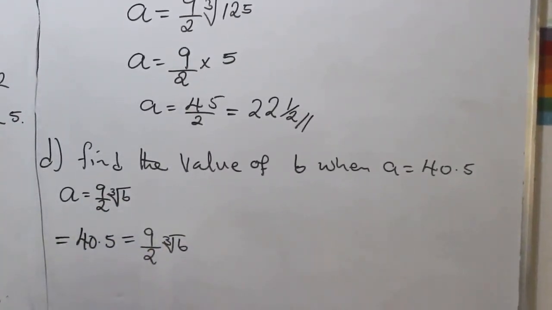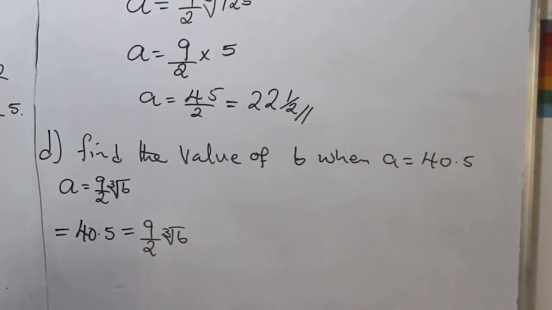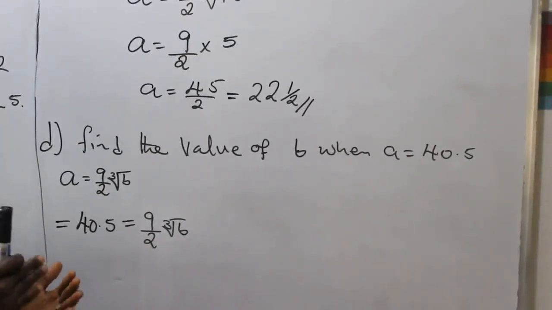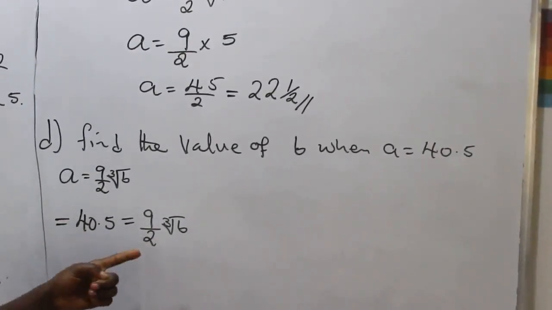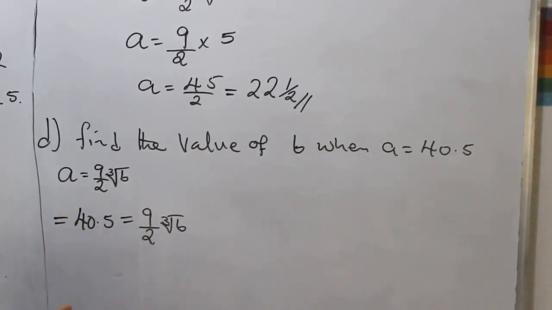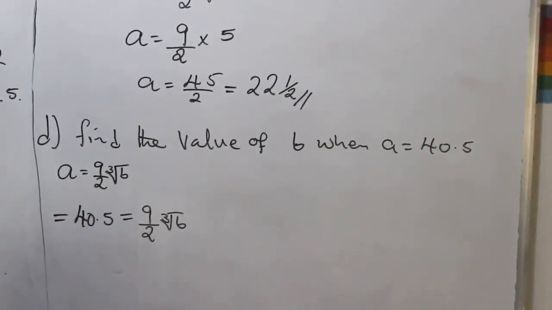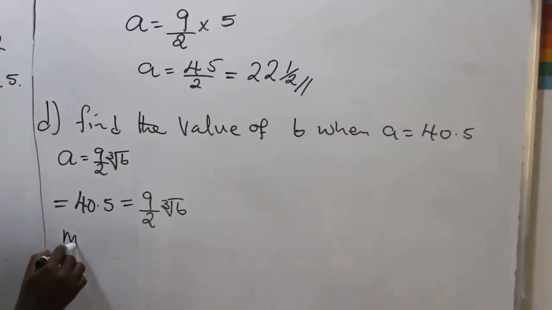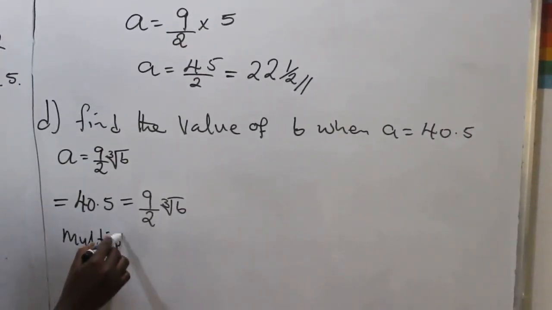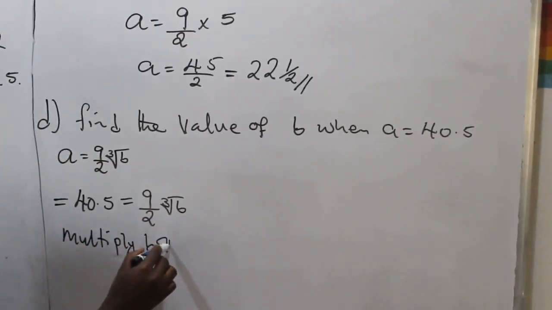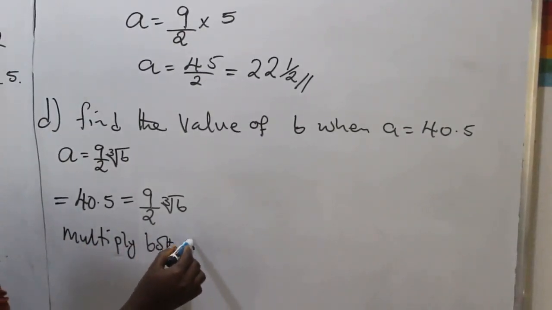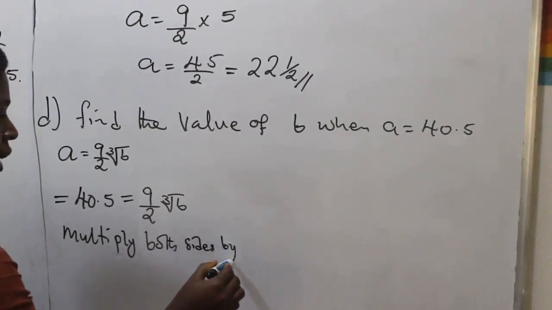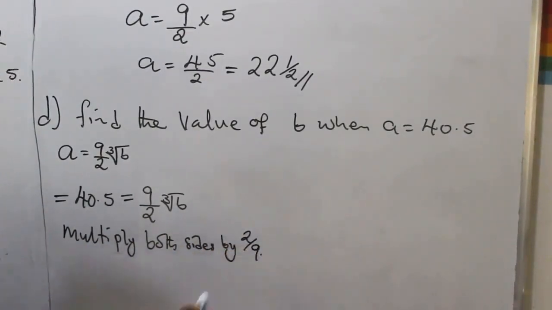So we are looking for B. We need to clear the fraction. So we are going to multiply both sides by the reciprocal of 9 over 2. And the reciprocal of 9 over 2 is what? 2 over 9. So let me just write it. Multiply both sides by 2 over 9.